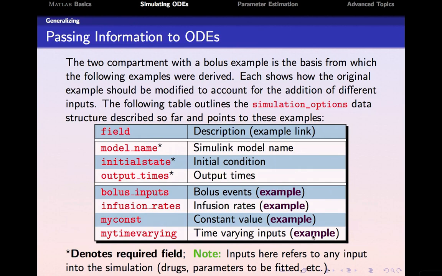So these are the different required fields in simulation options, the ones with the stars, and then here are our ways of passing both physiological and parametric inputs into the system from our simulation driver. So these are the different fields that you would have to add. We just discussed the bolus events field. Now we're going to go on to infusion rates, passing constant information, and passing time-varying information.